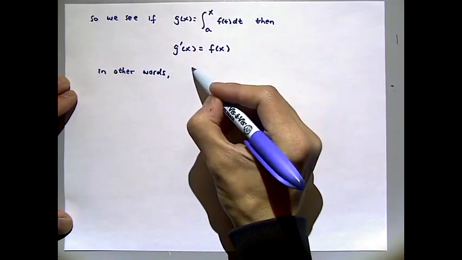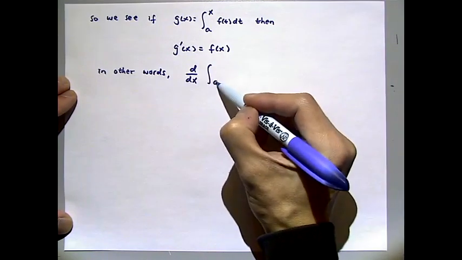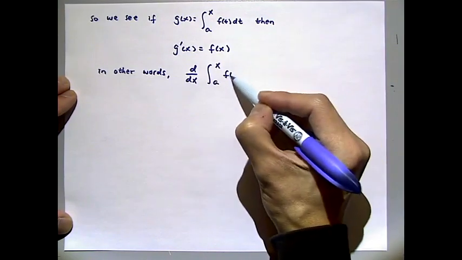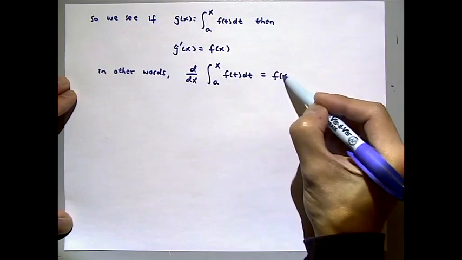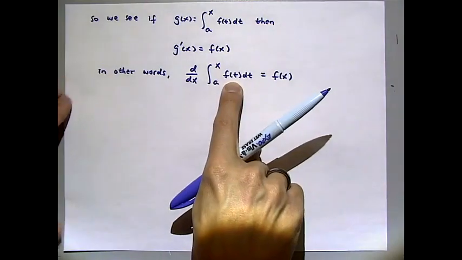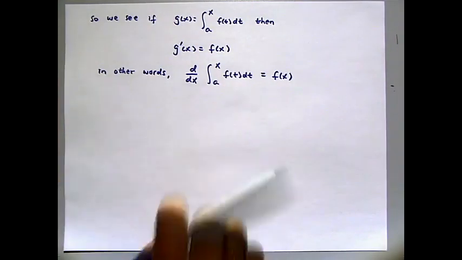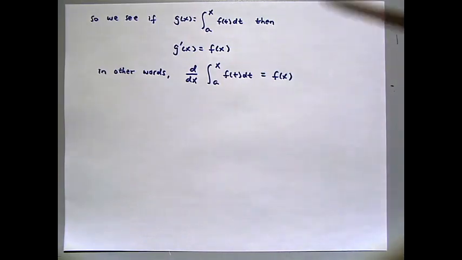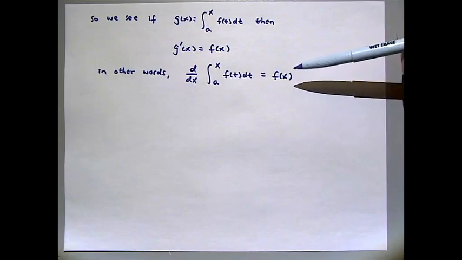In other words, we can think of the derivative of this integral right here as equaling whatever the function that's bounding the top of the region. The rate of change of the area underneath the curve is equal to the curve itself.